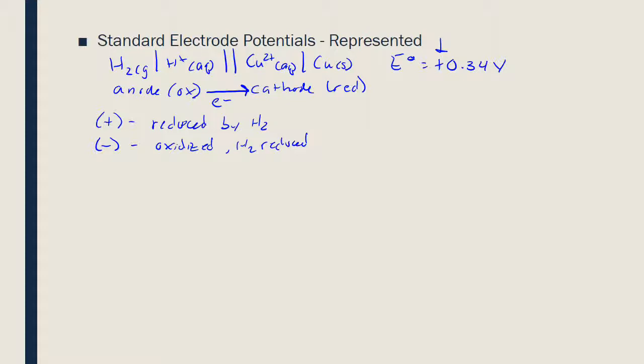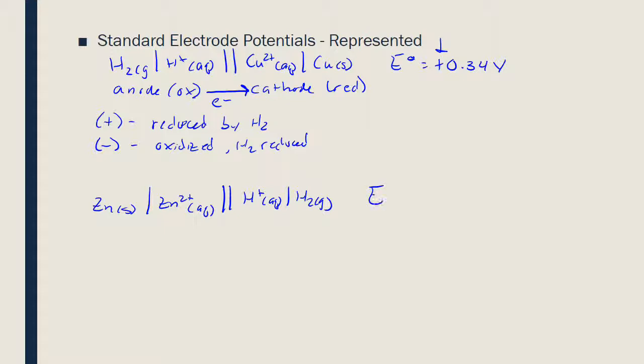So let's look at another example. If we have zinc, so zinc is in one half cell. It's hooked up to hydrogen in the other half cell.